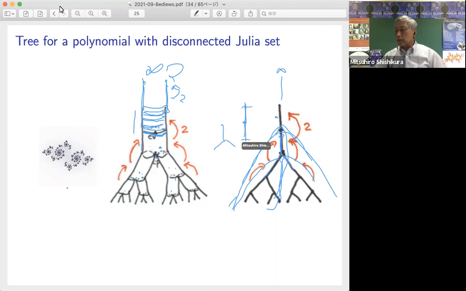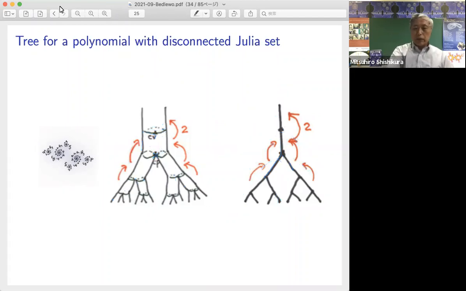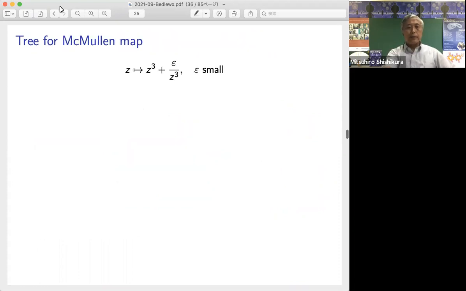So that corresponds to the critical point. So whenever you see this critical point, you are folding these, and this segment is mapped there, but these two are going to the same segment. Okay, this is the picture for the disconnected Julia set for polynomials. And so Branner and McMullen introduced this one, and this is a special case of the tree I defined.